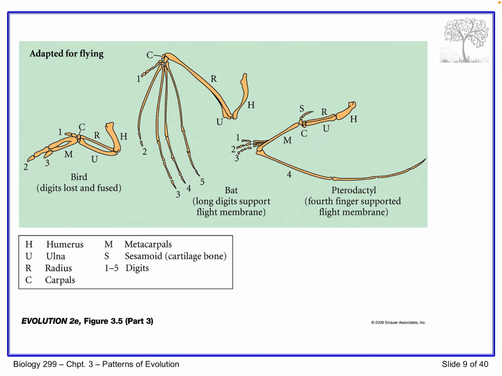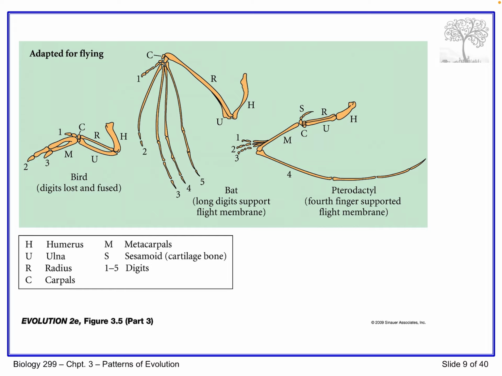Okay, so the last thing I want to talk about real quick before we end this video lecture is how we identify homology. Well, the problem here is that sometimes you have structures that look like they're homologies when they really aren't. Think about, for example, the wing of an insect and the wing of a bat. They basically do the same thing. There are some similarities in terms of their structure, but it turns out they are a result of two separate independent evolutionary events producing wings.